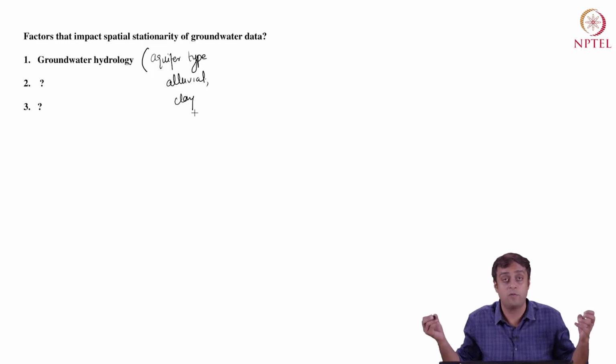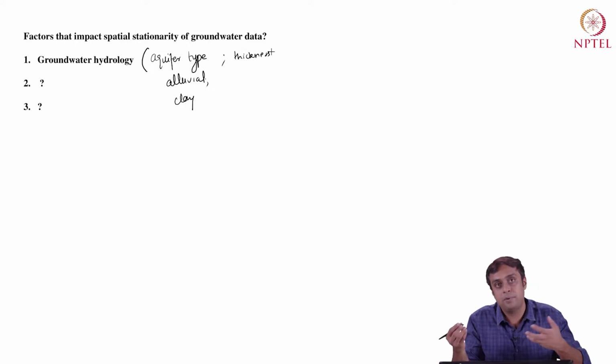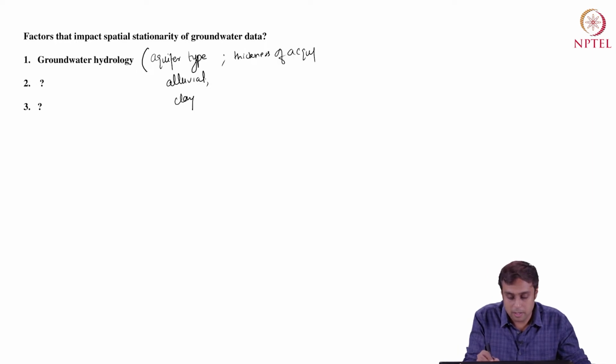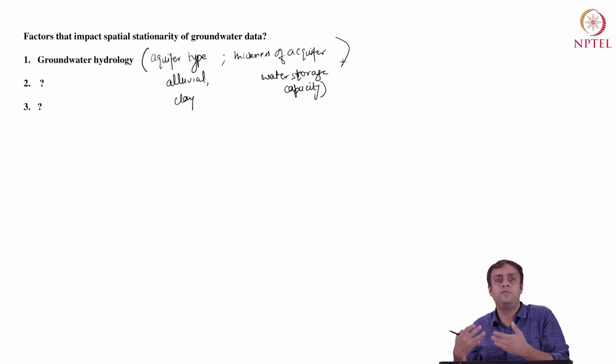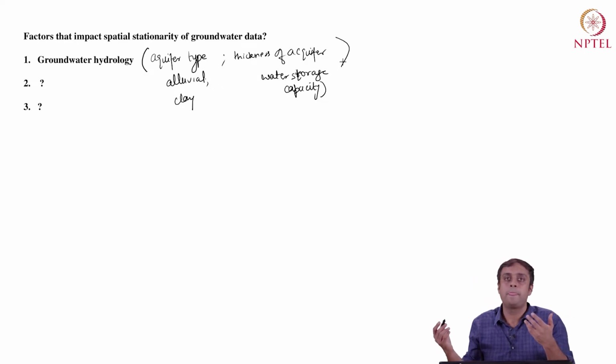There is no movement whatsoever, and so on and so forth. Second, we saw a map on the thickness of aquifer, which is nothing but the water storage capacity of an aquifer. There are more factors that groundwater hydrology will guide you to regarding aquifer properties.